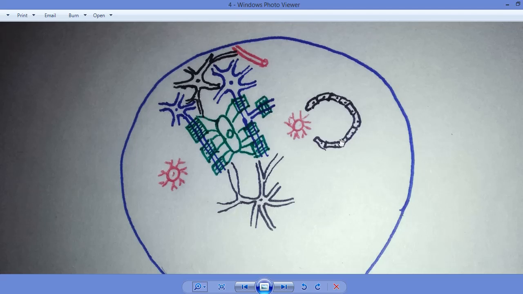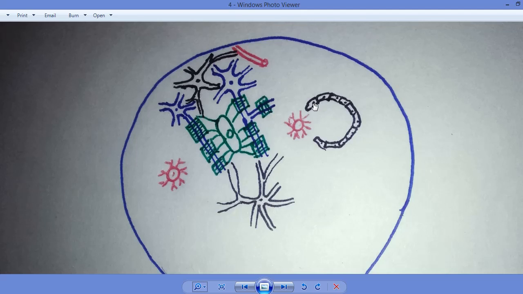The ependymal cells give an epithelial covering, or a lining, to the ventricles of the brain. So for example, this is one of the ventricles at this position, and at this position there are 2 ventricles, and one is over here and one is over here.